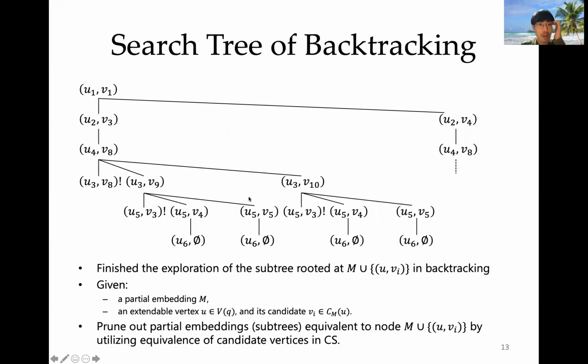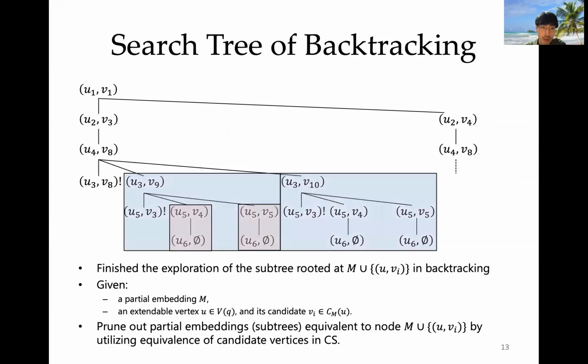And in this search tree of backtracking, we can imagine every partial embedding. So in this search tree, we map U1 to V1 first, then U2 to V3, and U4 to V8, and so on. And there are many equivalent subtrees failing in a similar way like these.